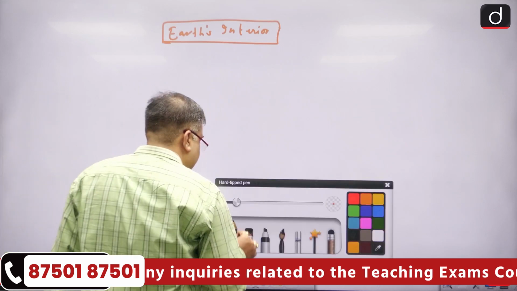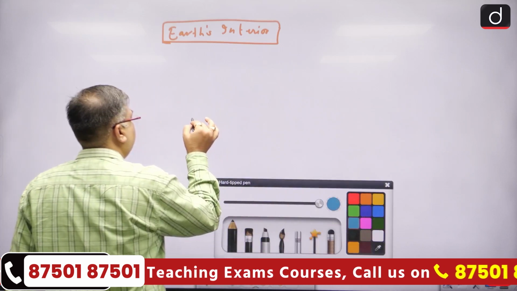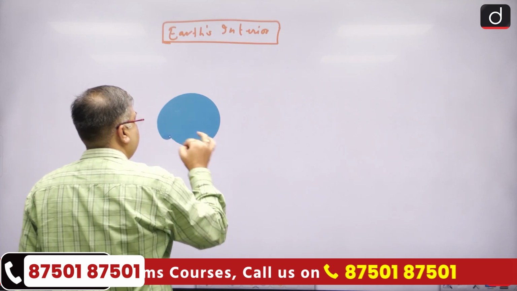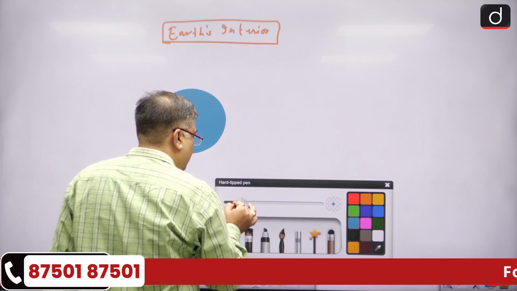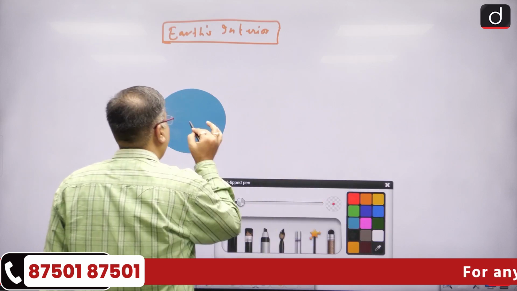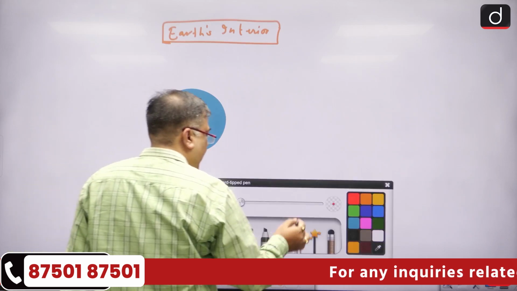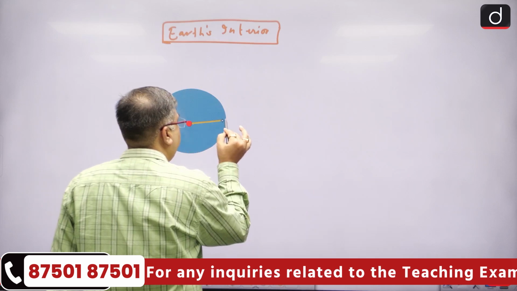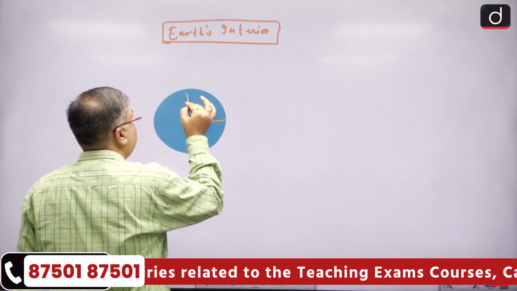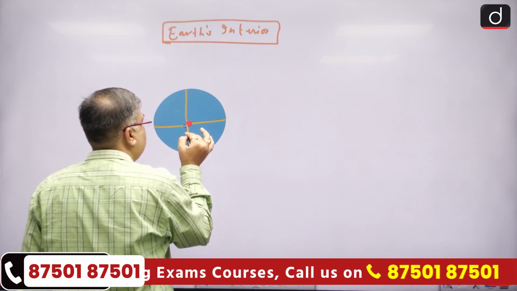When we talk about Earth's interior, and this is our Earth, in the very middle, we have the core or the center. The idea is that we have to get the information about this much of distance, either from this side or from this side or from this side.